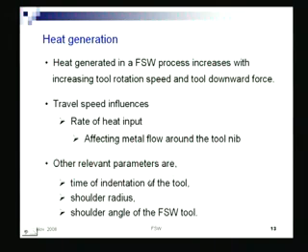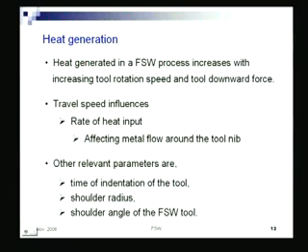All the relevant parameters for heat generation are the time of indentation of the tool, the shoulder radius, how big the radius is, obviously, because the shoulder supplements the heat through the friction from the shoulder, and the shoulder angle of the FSW tool, that angle which we are talking about.